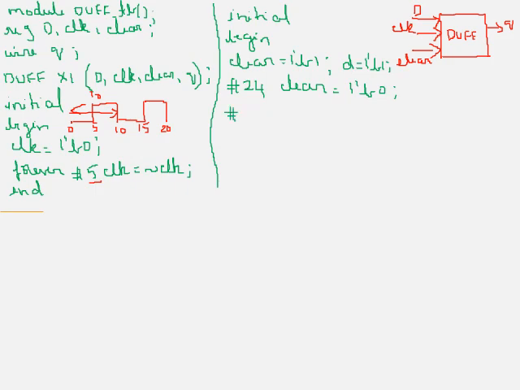Then after another 100 time units, I will make clear equal to 1 again. D will be 1 throughout, and after another 120 time units clear will be equal to 0. End module.